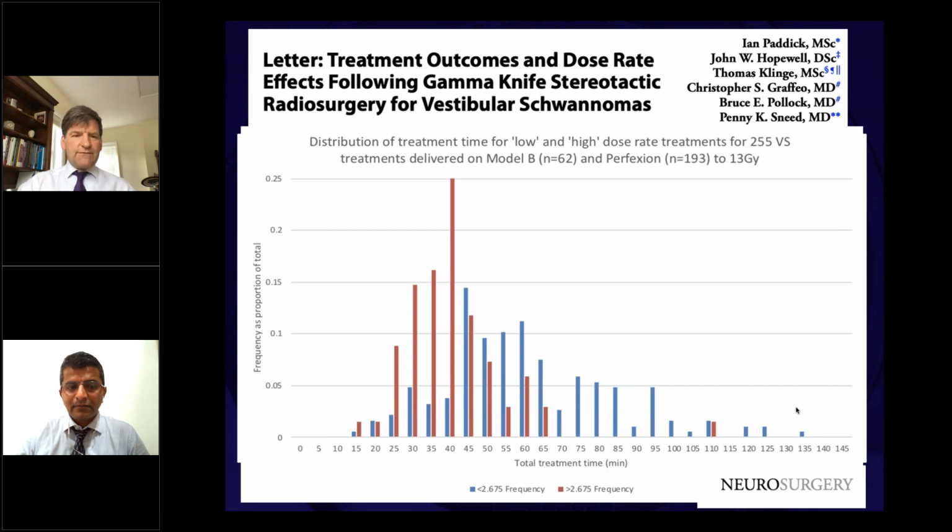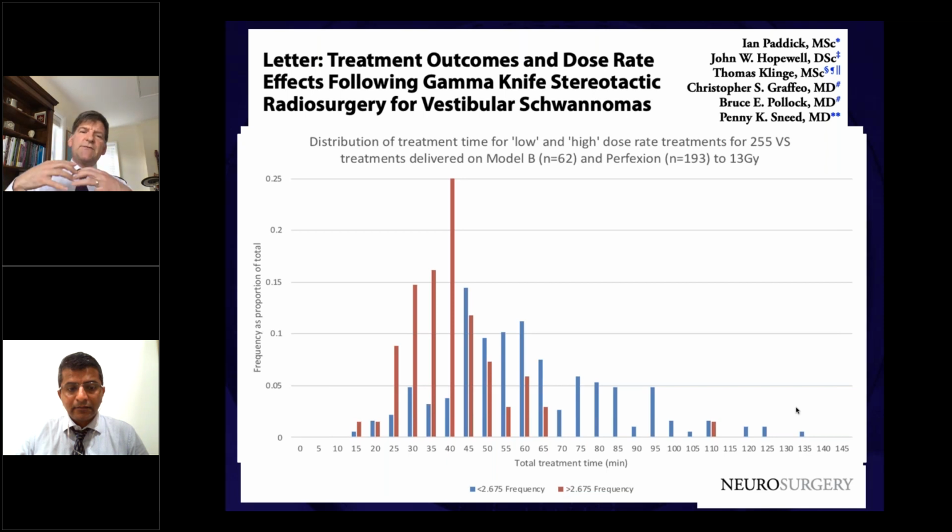So here what we've done is we've plotted a series of 255 vestibular schwannoma patients treated with the Model B and with the gamma knife perfection, and we've binned those according to the overall treatment time. So the brown columns are for those with a higher dose rate, and then the blue columns are those with a lower dose rate.